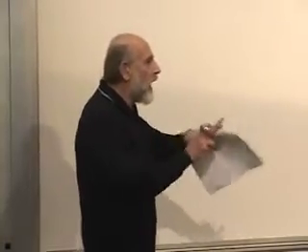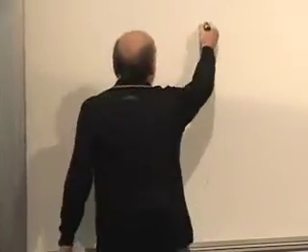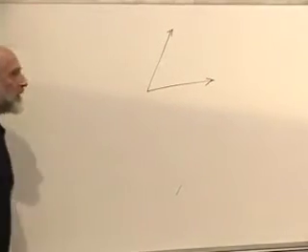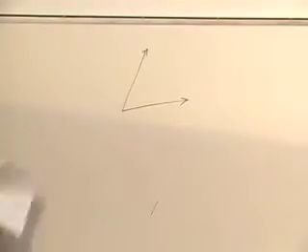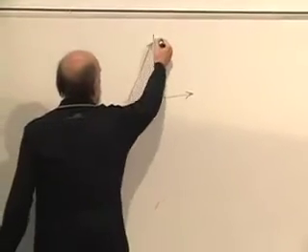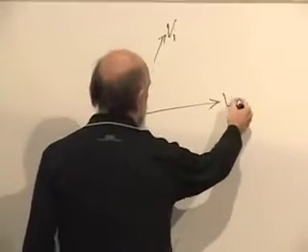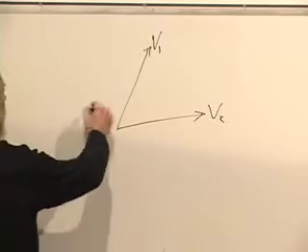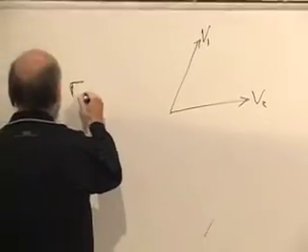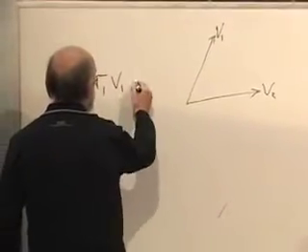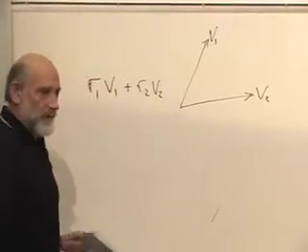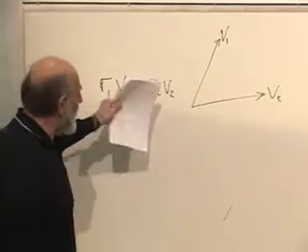If I give you any two vectors which happen not to lie on the same line, let's call this v1, let's call this v2, then by multiplying v1 by a constant, r1, let's say, times v1, plus r2 times v2, I can generate any vector in the plane. All I need is two vectors.